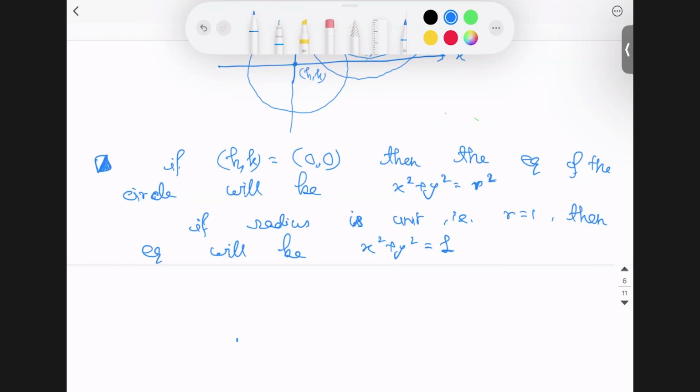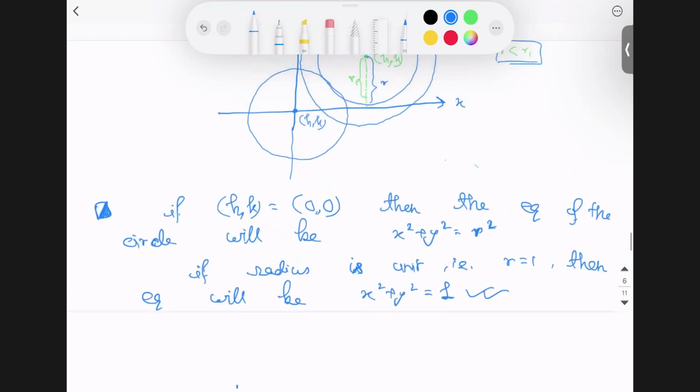Okay, so this is a very important circle, and in the future you will encounter this kind of circle many times, because usually the study of a circle with an arbitrary center is difficult.